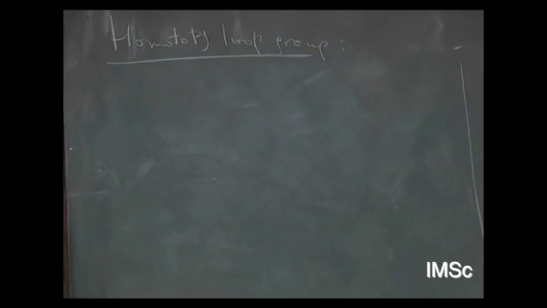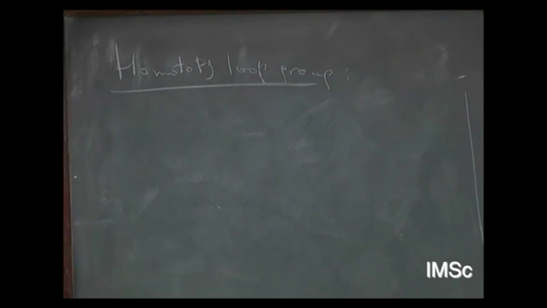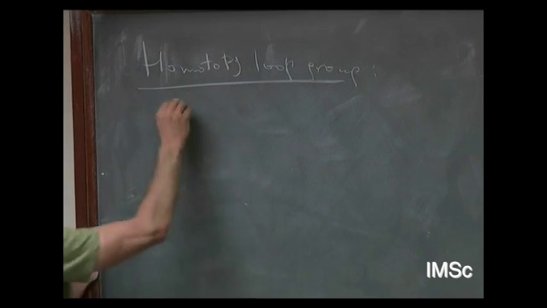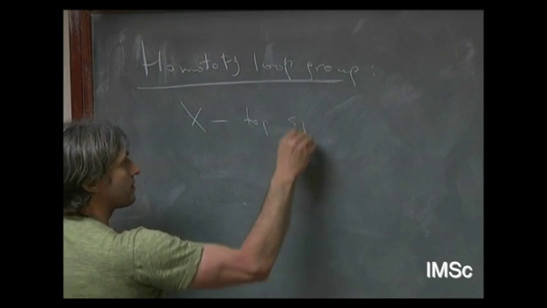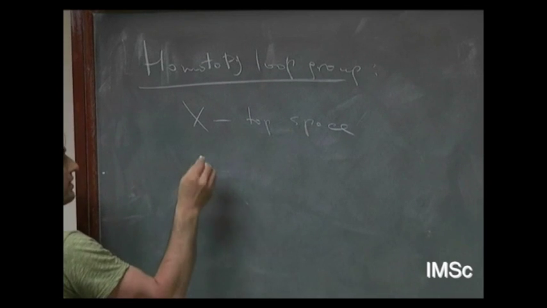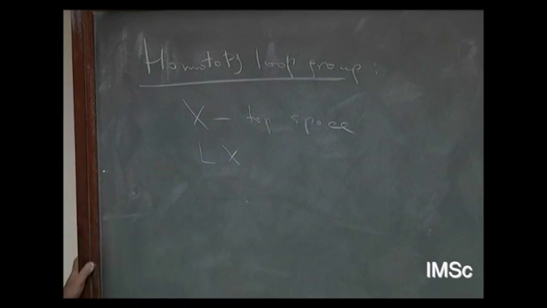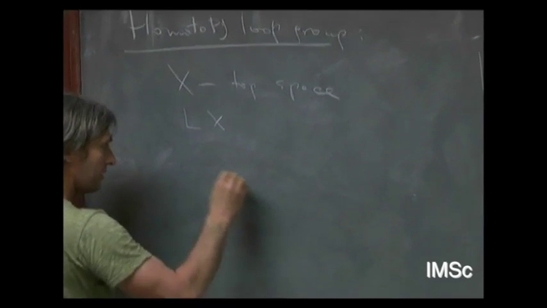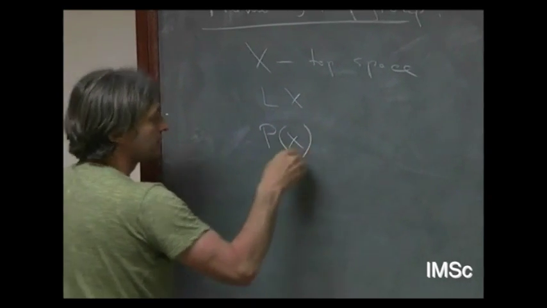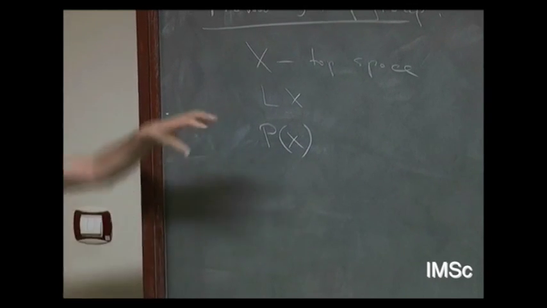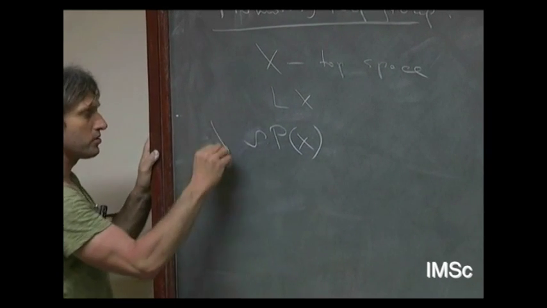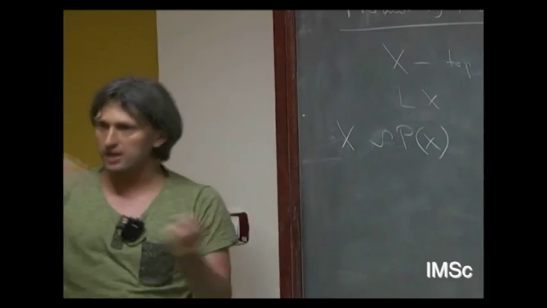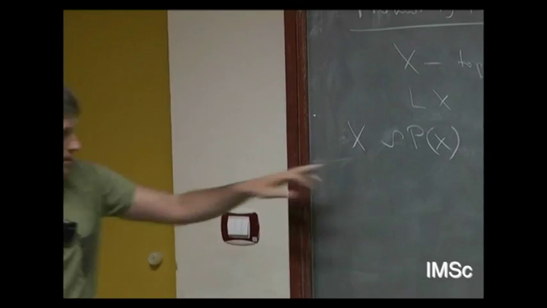The derived algebraic geometry turns out to be a marriage between algebraic topology and usual algebraic geometry. So suppose we have X a topological space, and we want to define loops into X. So how should we do it? Well, we have paths into X. So these are unbased paths. So in fact, this is homotopy equivalent to X. I mean, you choose one base point and then any path contracts to the base point.